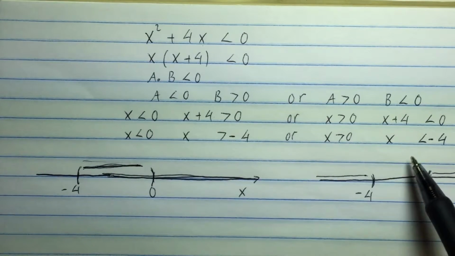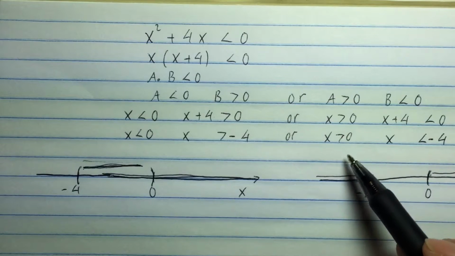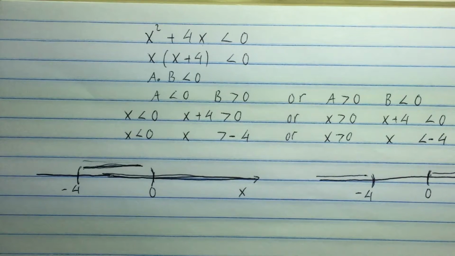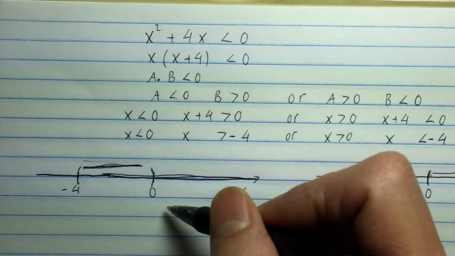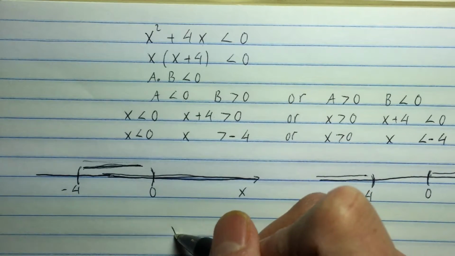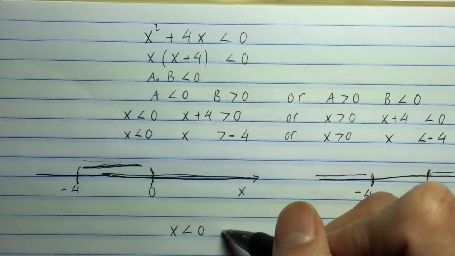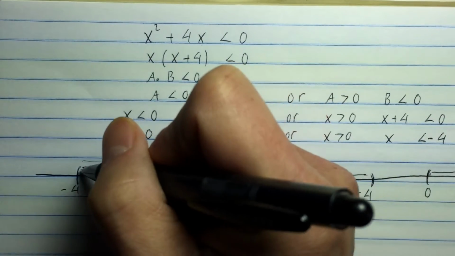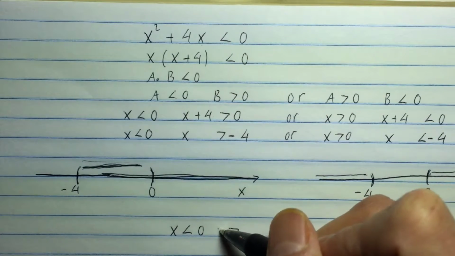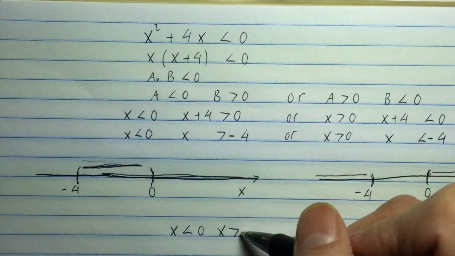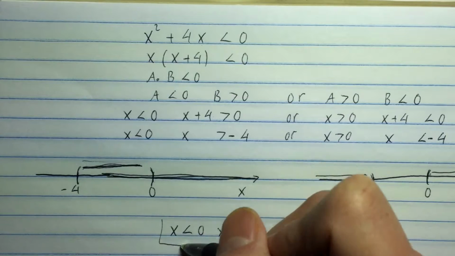That's impossible. You cannot find any value of x that is bigger than 0 and less than minus 4. So my final solution: x less than 0 and x greater than minus 4.